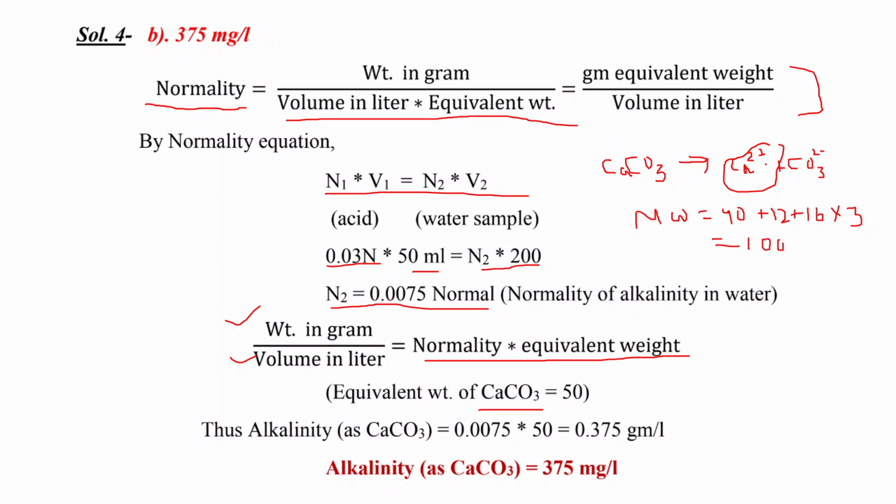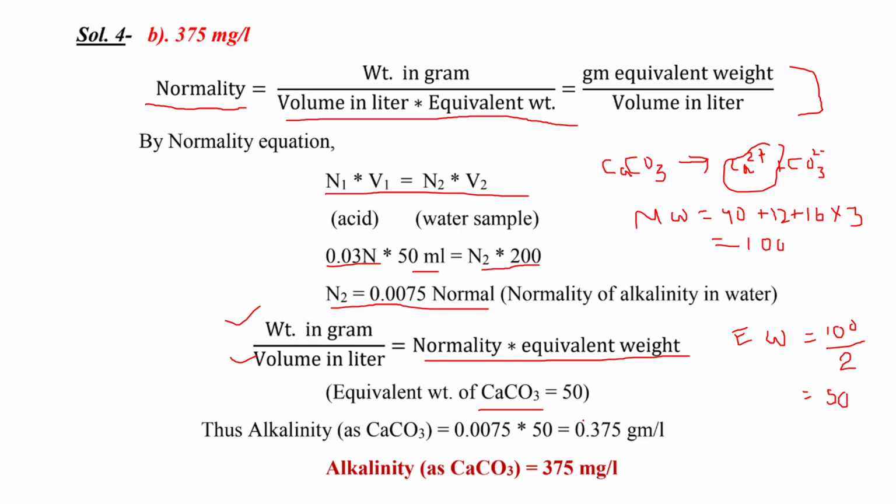And here we are seeing valency is 2, right? So equivalent weight is 100 divided by 2, molecular weight divided by valency. So we got 50.